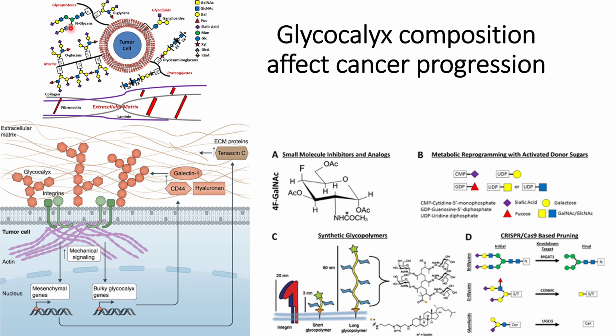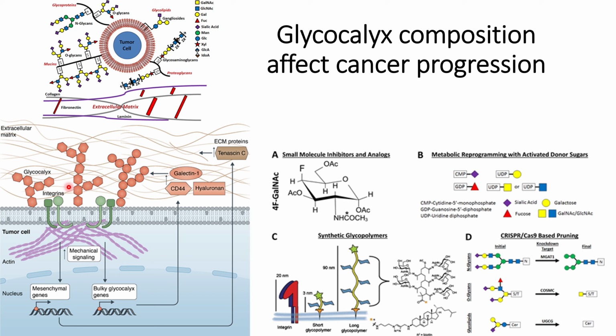So this is about the glycocalyx composition and how a change in the glycocalyx composition will affect cancer progression. We will start with the bottom left figure. What is shown here is the change in glycocalyx composition because of the reprogramming that has occurred within the cancer cells.